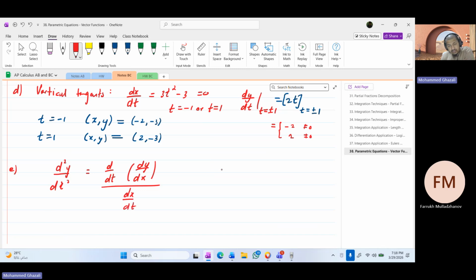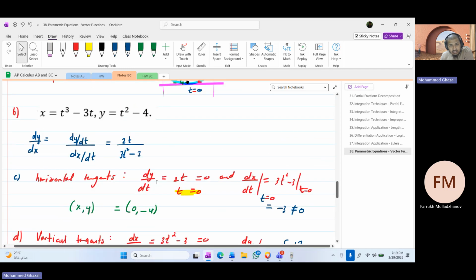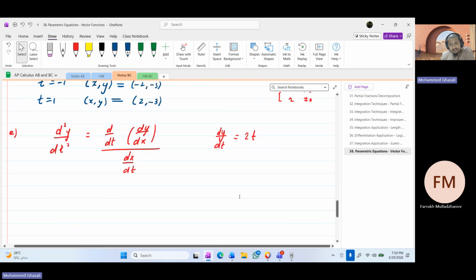Now, let me just check what dy dt was. Dy dt was basically 2t, if you remember from before. Dy dt is 2t, and dx dt is 3t squared minus 3.